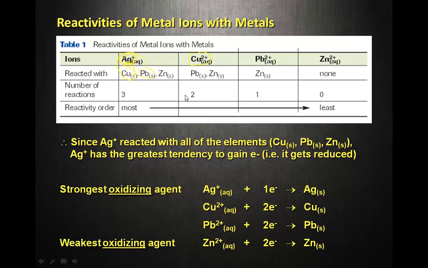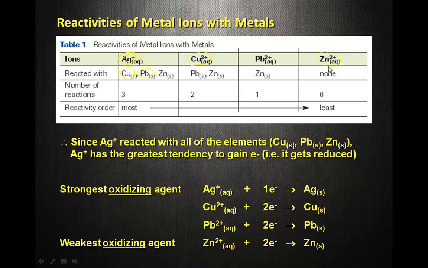So what we're trying to do here is build who is the strongest at keeping their electrons and stealing electrons from other metals. So if we look way down here at Zn+2, the experiment that we would have done here is we would have taken silver solid, copper solid, lead solid, and zinc solid, and put them into separate beakers of Zn+2.